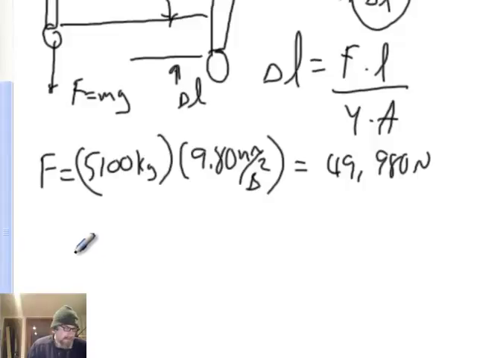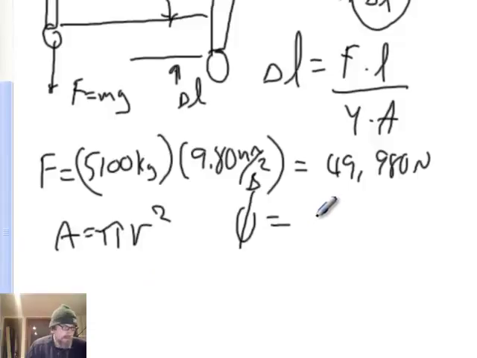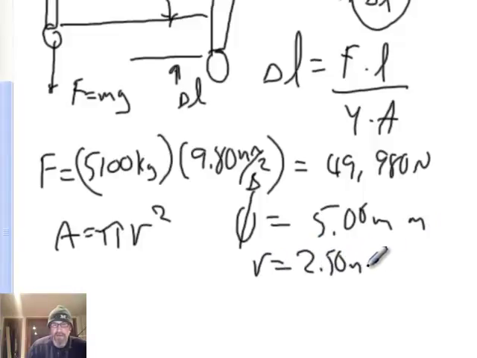Let's also find area. Well, area is pi times r squared because this is a cylindrical rod. This is a circular rod. It says that the diameter is equal to 5.00 millimeters. So that means the radius would be half of that, which would be 2.5 millimeters.